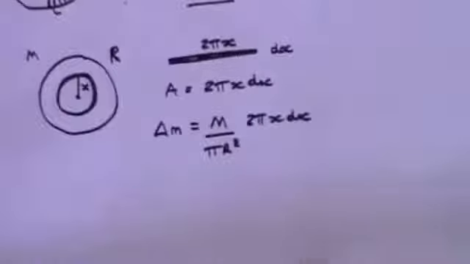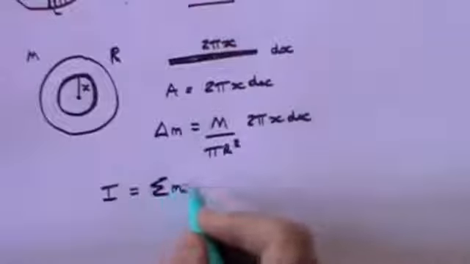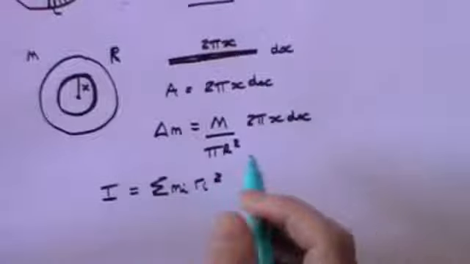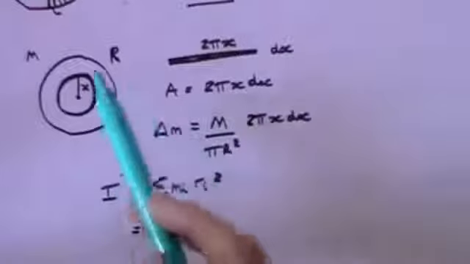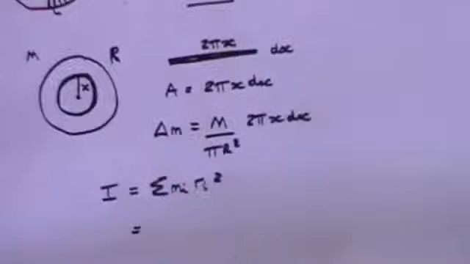And then you say that the moment of inertia is equal to the sum of mi ri squared. And this is the mass of all the rings. We're going to have rings going from the middle right the way out to the outside.